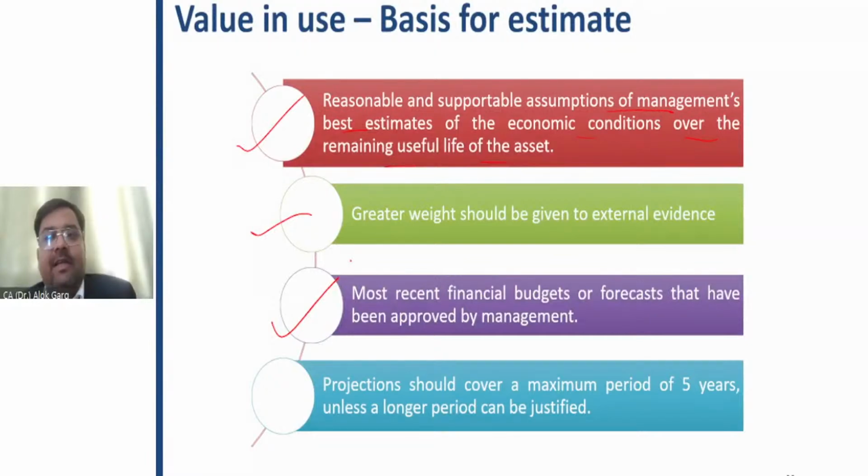For example, in case of aircraft, let's say one aircraft is costing 20 crore rupees, 25 crore rupees. If they take a period of 5 years, every aircraft will be impaired, I would say. They will not be able to generate such cash flow in 5 years that the cost of the aircraft would be recovered, right?